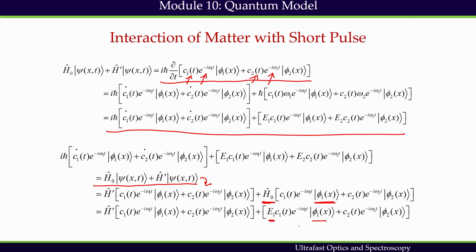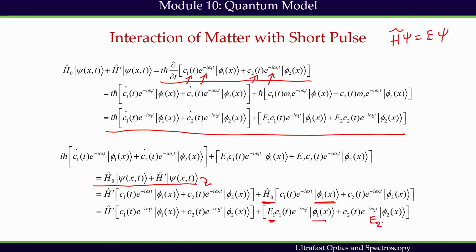That's the time independent Schrodinger equation, H psi equals E psi. So we are getting individual energies here. This is also true here, but we have missed this E2 term here.